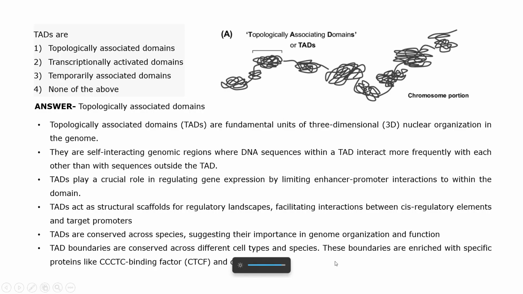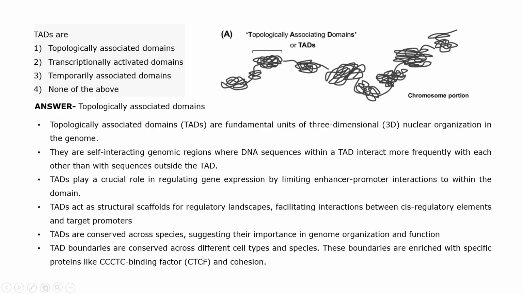And other cohesin molecules, because we have discussed this before. CTCF binding factor binds to the TAD region and prevents the loop extrusion that is carried out by the cohesin molecule. So that's one other functionality of this TAD domain. Apart from that, it also has the specific capacity to regulate the enhancer promoter interaction, thus affecting gene regulation.